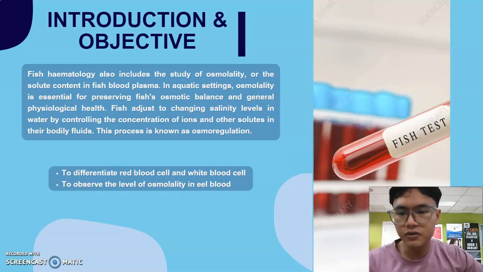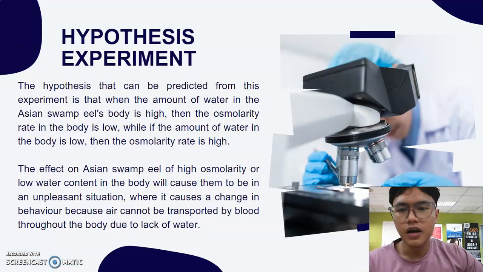The objective is to differentiate red blood cell and white blood cell and to observe the level of osmolality in eel blood. Hypothesis experiment. The hypothesis that can be predicted from this experiment is that when the amount of water in the Asian swamp eel's body is high, then the osmolarity rate in the body is low.